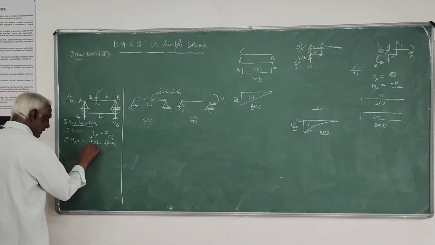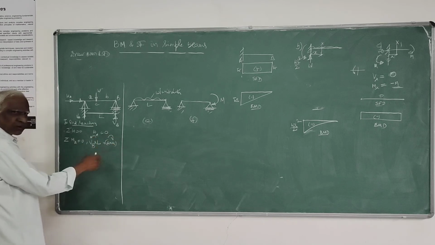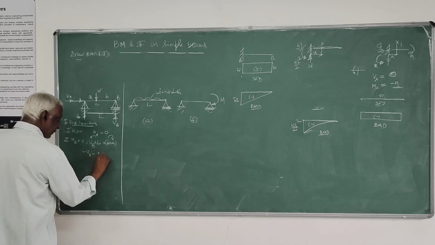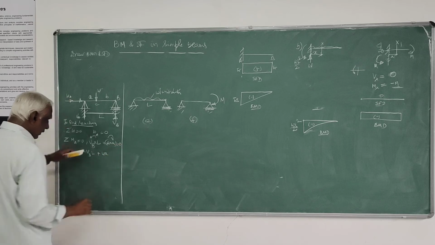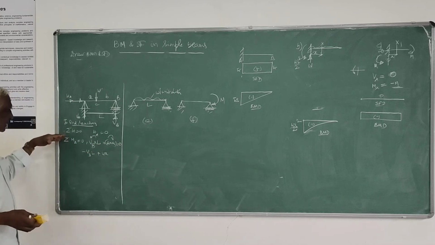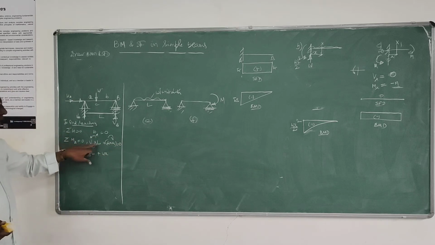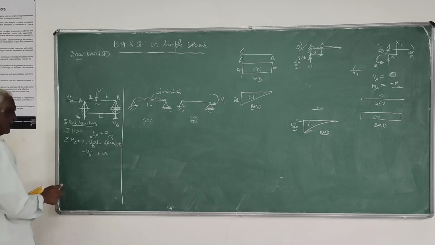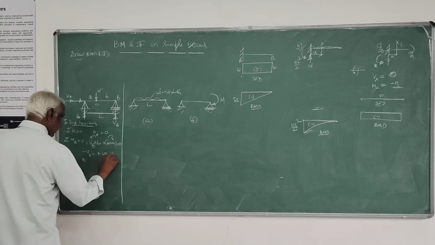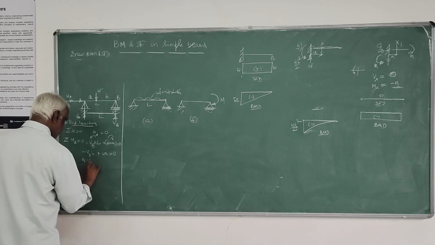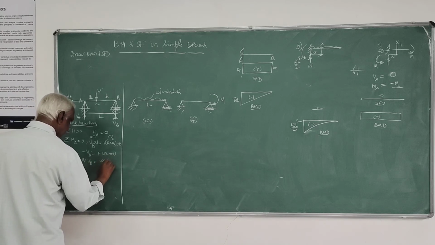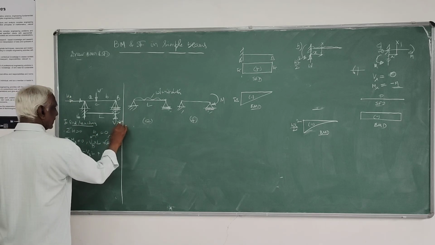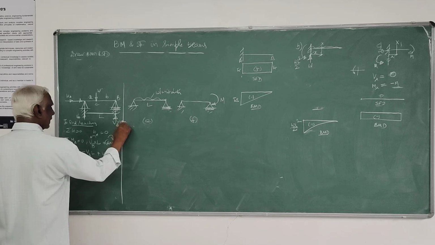Now we attach signs: if you take clockwise as positive, then this will be negative and this will be positive. Doing it like this makes it easy: the algebraic sum of all moments is 0. With this sign convention, you will get VB equals Wa by L.